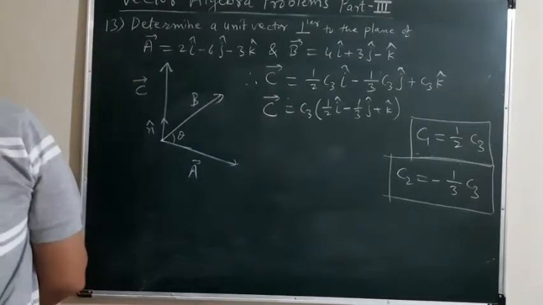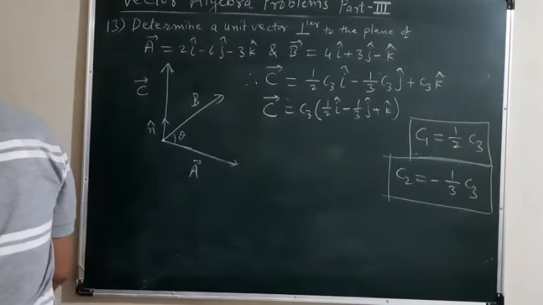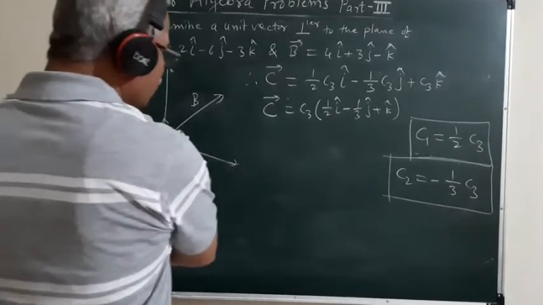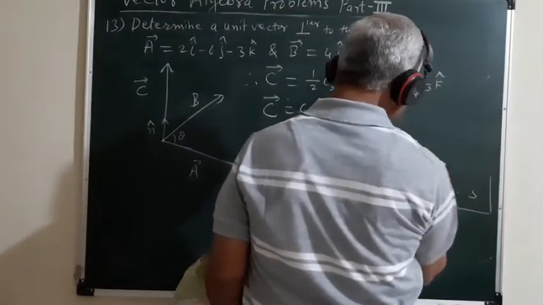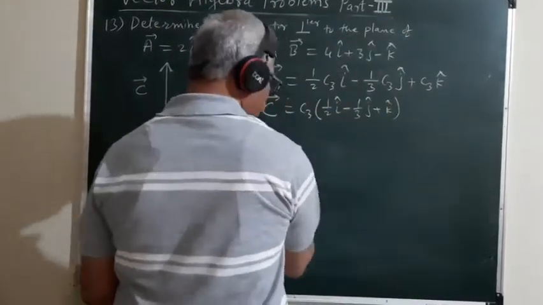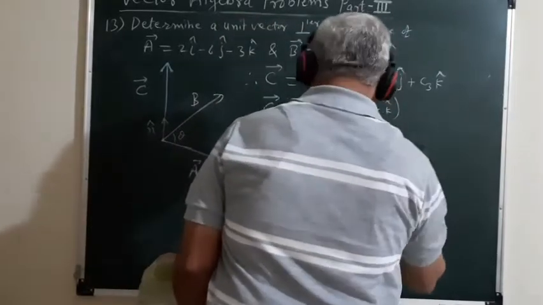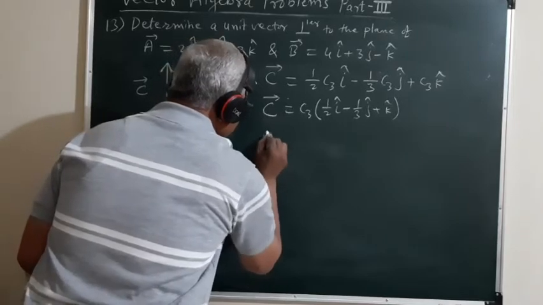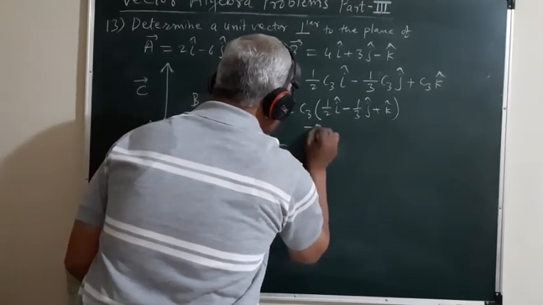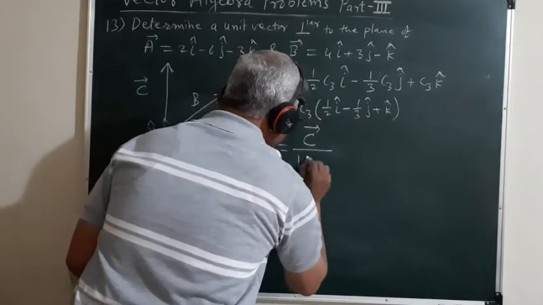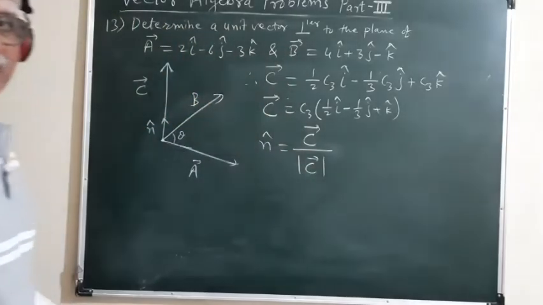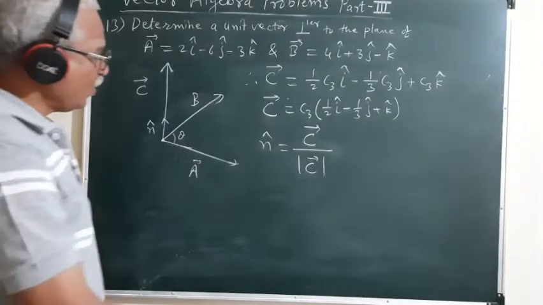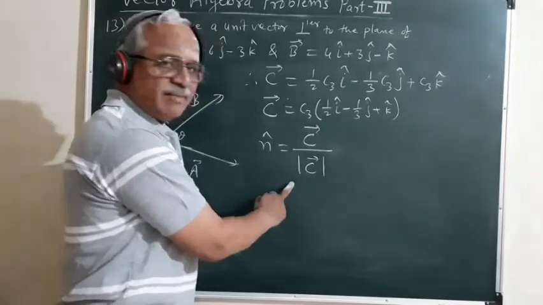And now we can find the unit vector in the direction of this vector C bar. As per the definition, the unit vector in the direction of a given vector is expressed as the ratio of the given vector C bar to its magnitude.